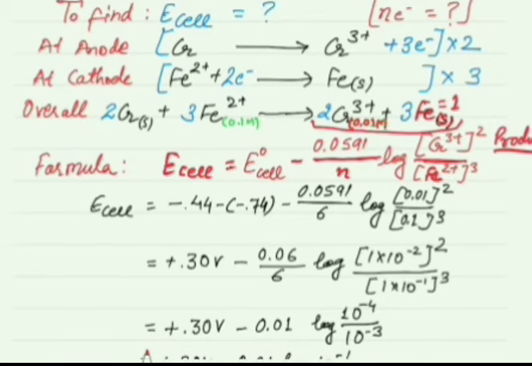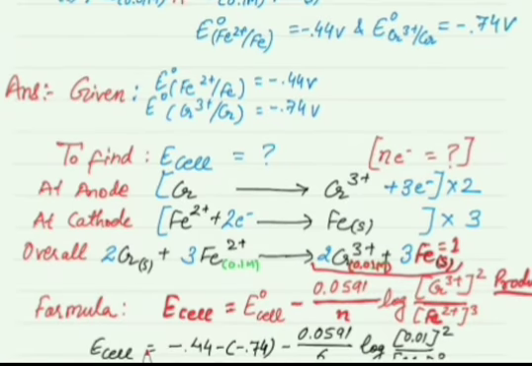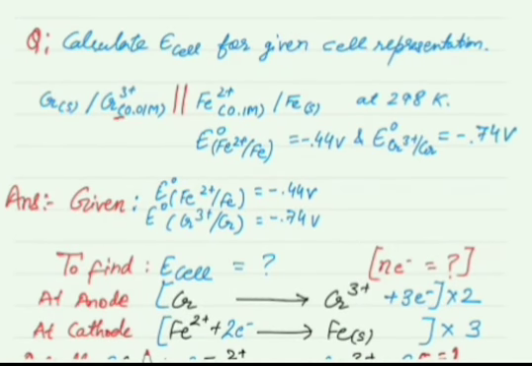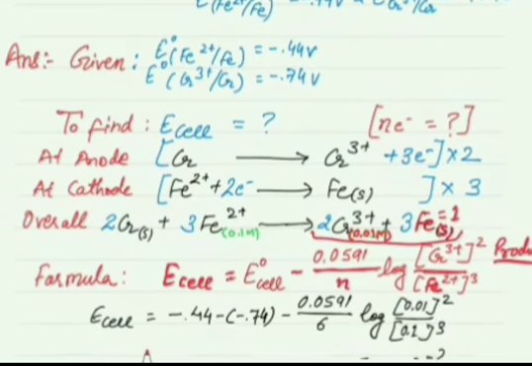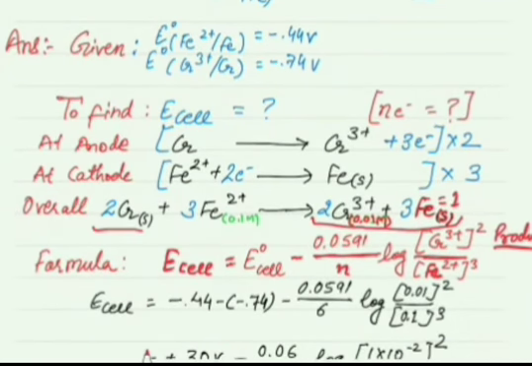I have written this value from the cell reaction as given above from this side, right? So this is the anode side, or when you write the overall redox reaction, this becomes the ionic concentration in the product side.